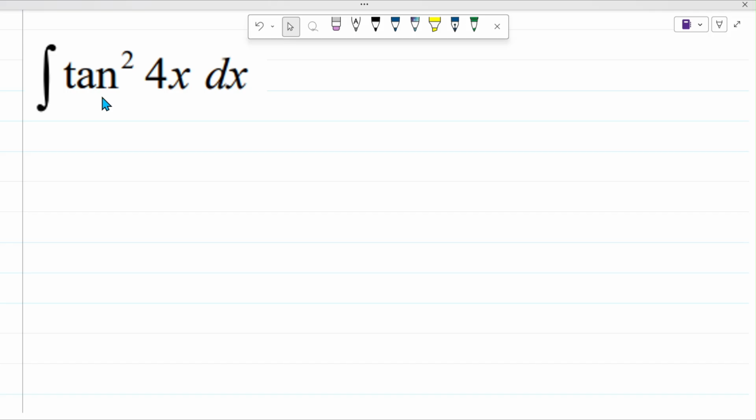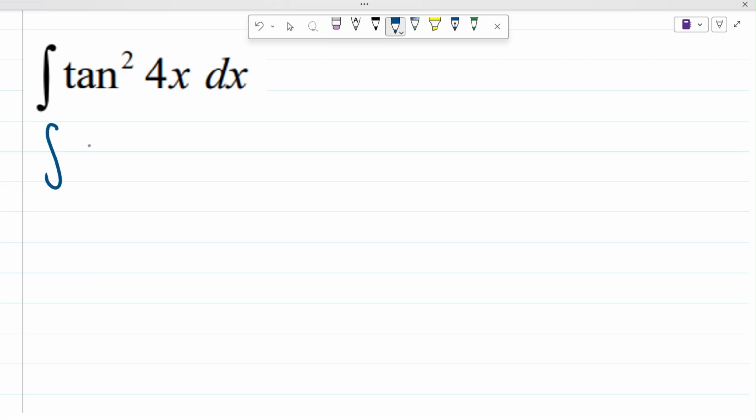We know that tan squared is equivalent to sec squared minus 1. So that's what we're going to substitute in there for us to be able to simplify what we have. So yeah, let's just substitute.